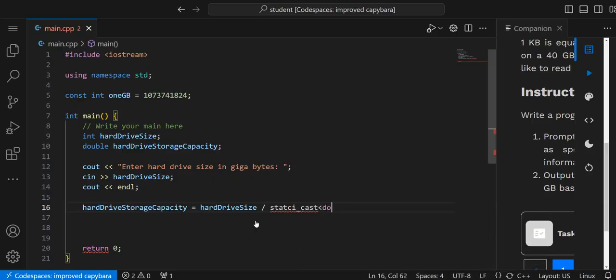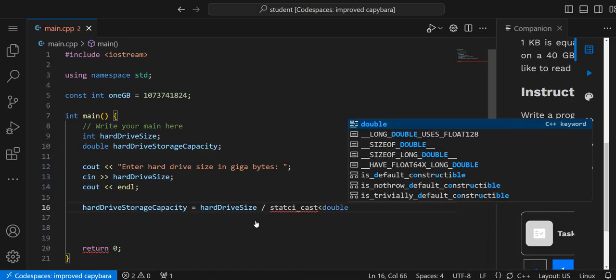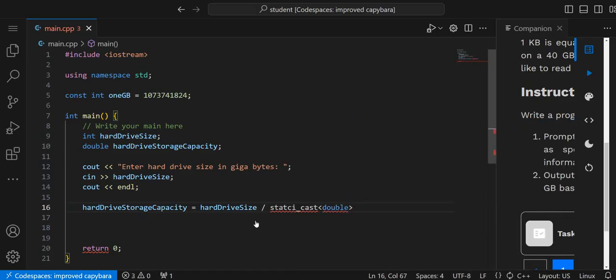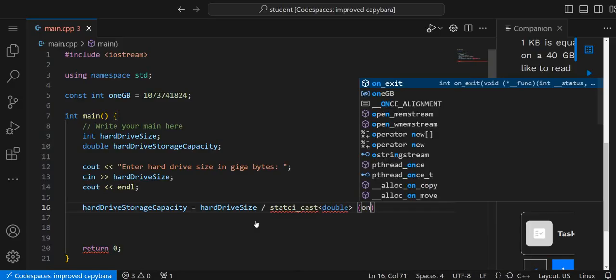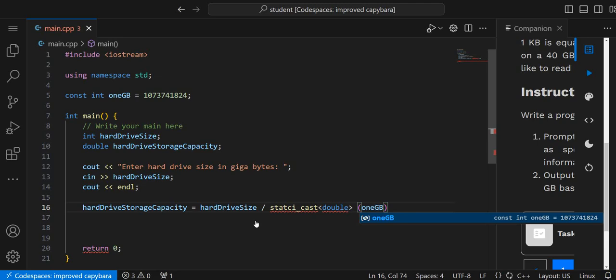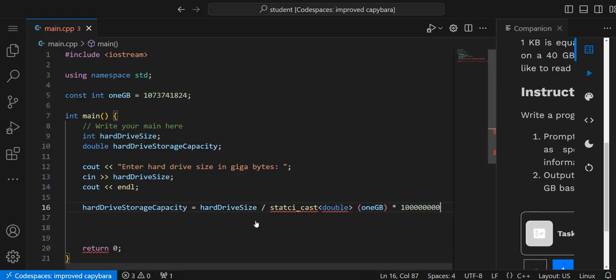This time it's a double, of 1 GB, and times it by 1, 2, 3, 4, 5, 6, 7, 8. I think that's what we got. 1, 2, 3, 4, 5, 6, 7, 8.